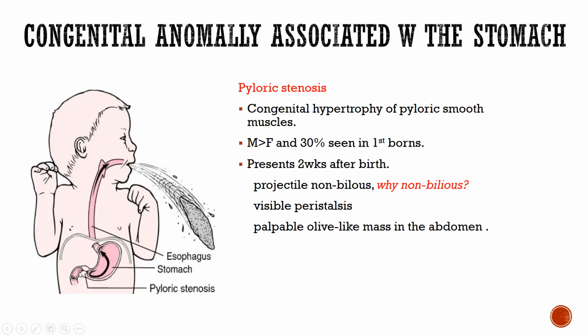Now the food is here, and there's a contraction that doesn't allow the food to mix with that bile, so it will be non-bilious. What do you see? On inspection, you will see visible peristalsis. On palpation, you will feel an olive-like mass in the abdomen. I wish I had a better picture to show you.